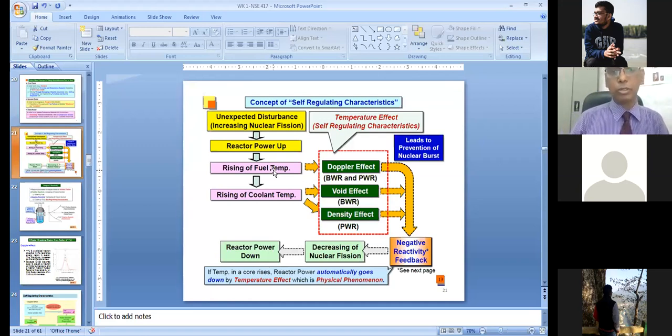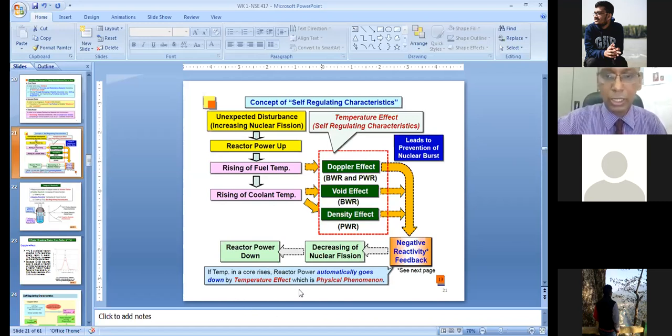Fuel temperature being lower means the reactor coolant will also be lower, and the bubble or void effect will be reduced. So again, it will continue the chain reaction. So this is the way there will be self-regulation of BWR and PWR. Okay, and in that way we can prevent a nuclear burst if anything happens.